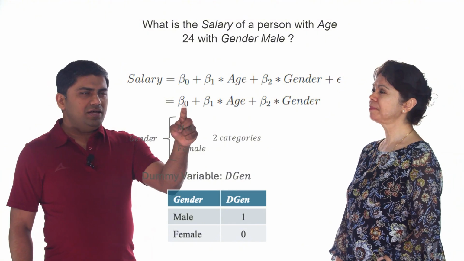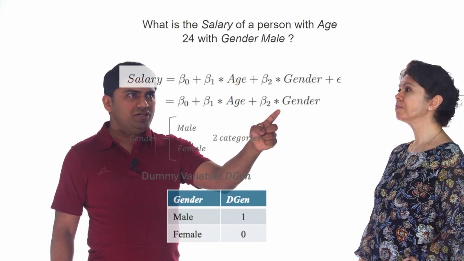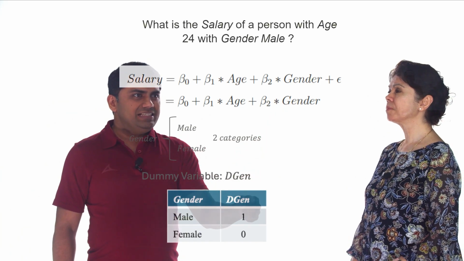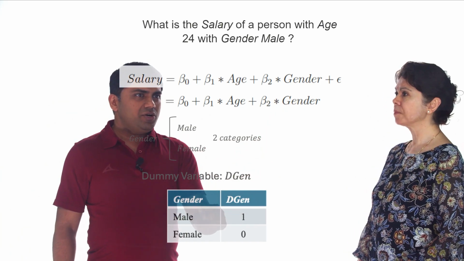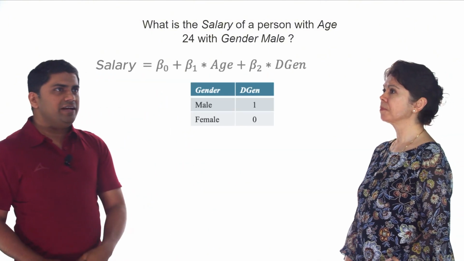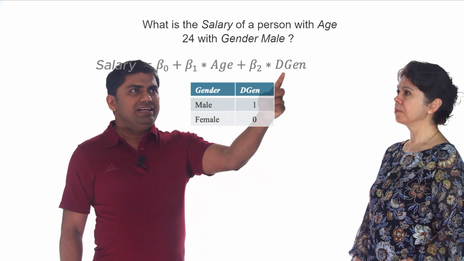Now in this equation, beta 0 plus beta 1 times age plus beta 2 times gender, this gender we will replace with D gen. That means we are talking about male, yes or no. So now we will write beta 0 plus beta 1 times age plus beta 2 times D gen.